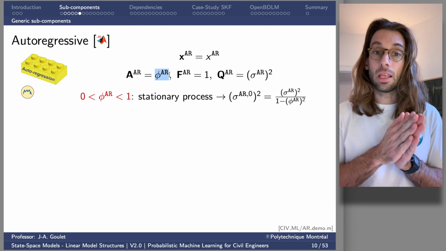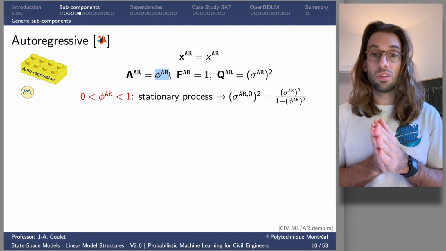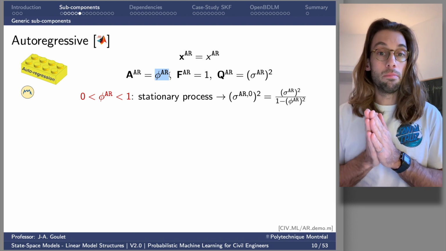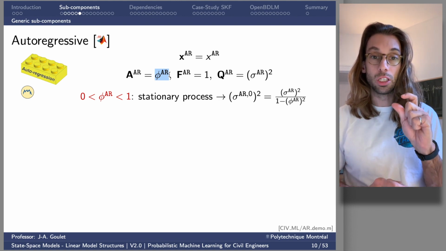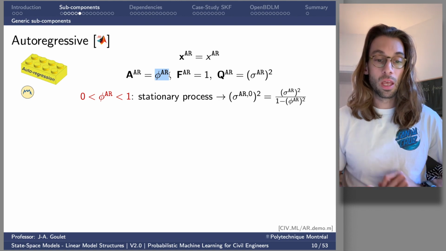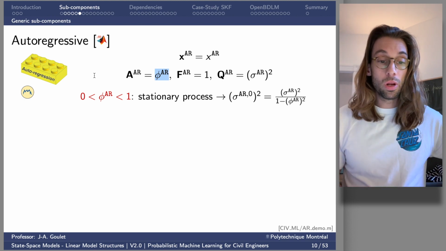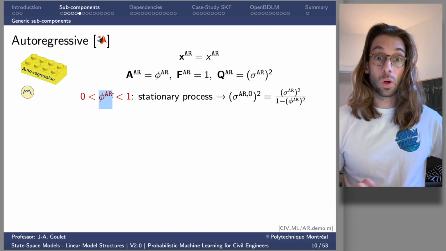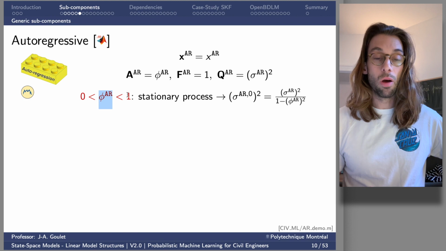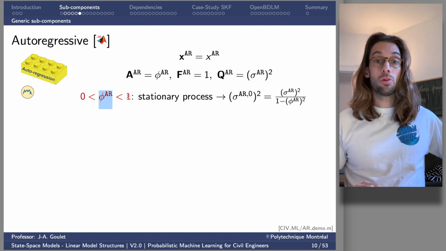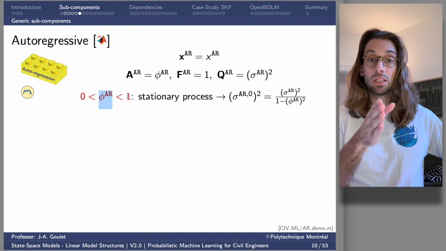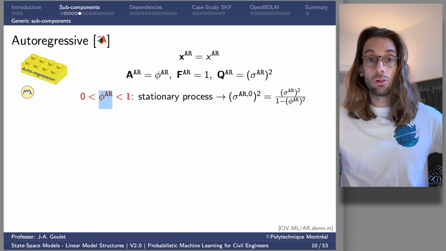If we want that AR process, so autoregressive process, to be stationary, meaning that it has constant parameters, so constant expected value and constant variance over time, we need to restrict that autoregressive coefficient to be between 0 and 1, okay? In that case, it will lead to a process that is stationary, meaning it has the same expected value and the same standard deviation no matter where you are in time.